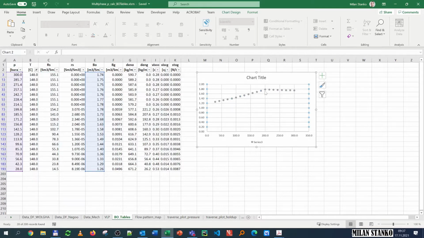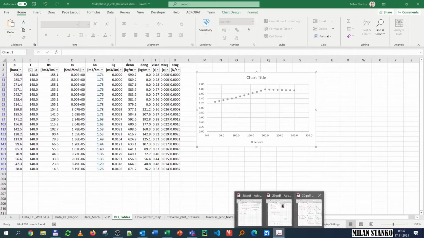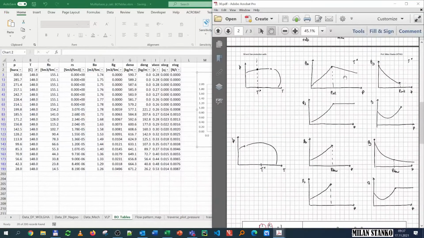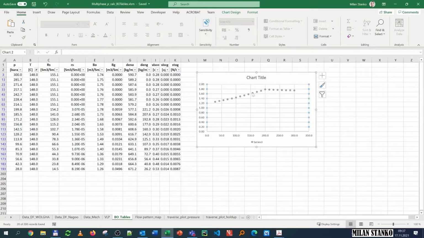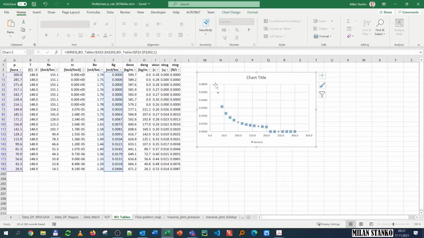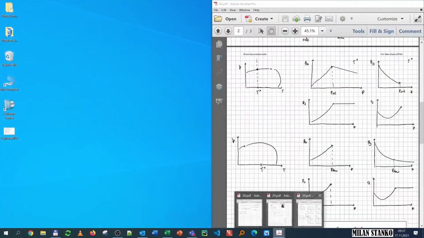And you see that the saturation pressure, the bubble point pressure, is probably around 200. Okay, for that temperature, for 148. And that is also consistent with what we should get going up and then going down. Then let's look at the others. BG should simply go down and then it stops existing. Okay, that's also consistent with what we expect.